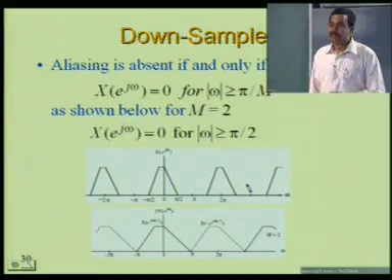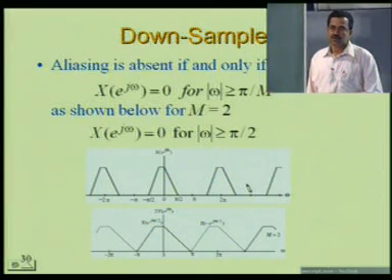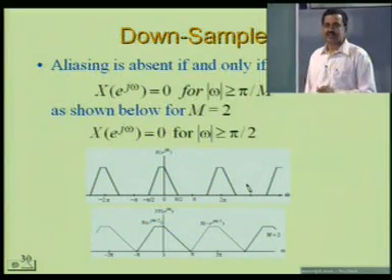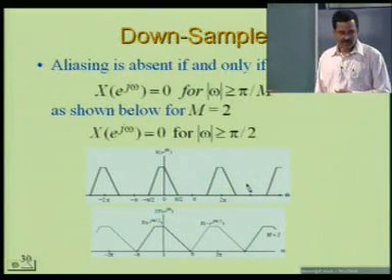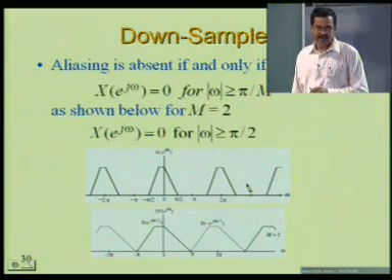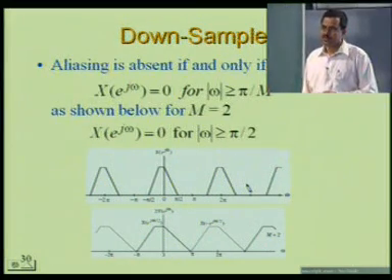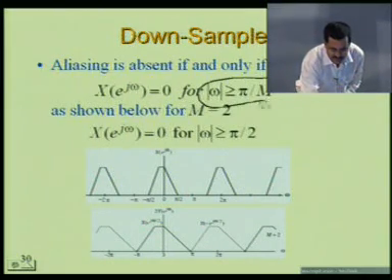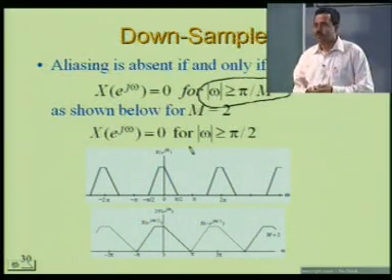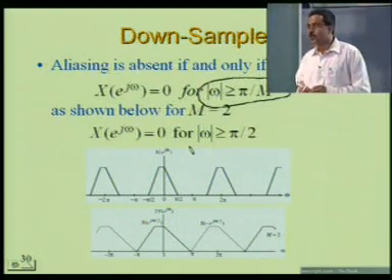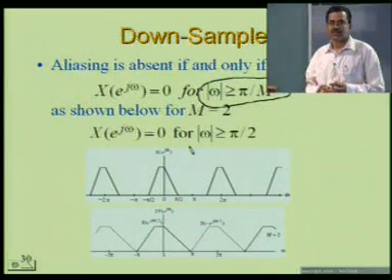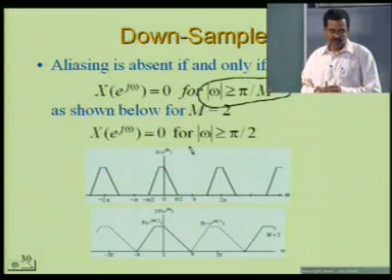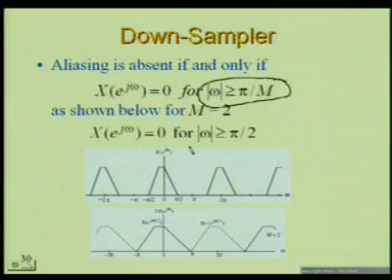Aliasing is absent if and only if, or in other words I can avoid the problem of aliasing if I restrict the band to 0 to π/M, that is X(e^jω) is equal to 0 for absolute ω greater than or equal to π/M, as shown below for M equal to 2.